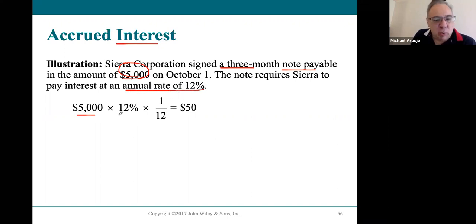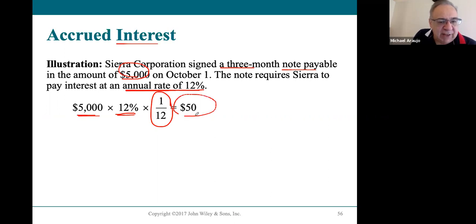We multiply that by the annual rate. But now we also have to multiply that by the time. We're only looking at 1 month of those 12 months, the month of October. So the amount of the loan times the annual rate times the time, which is just 1 month of the 12 months, means that $50 of interest has happened for the month of October on this loan.